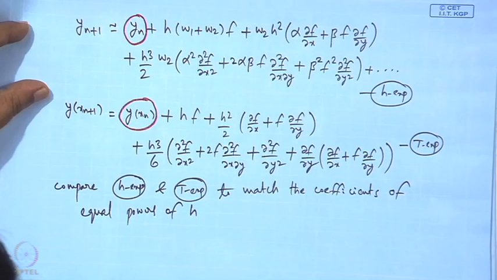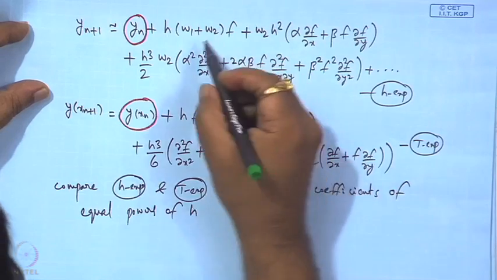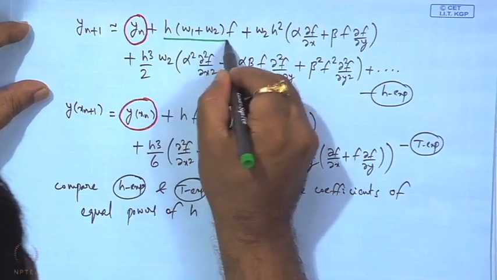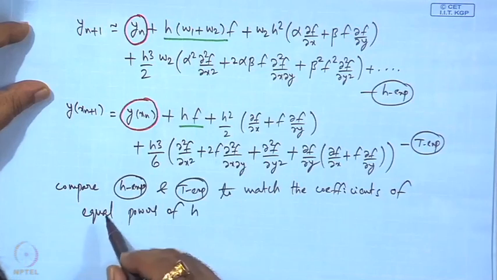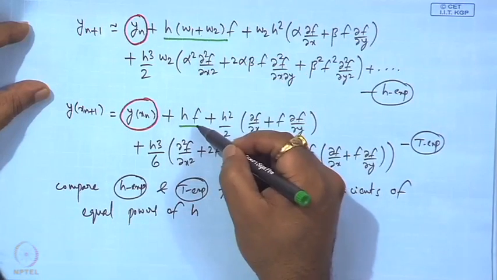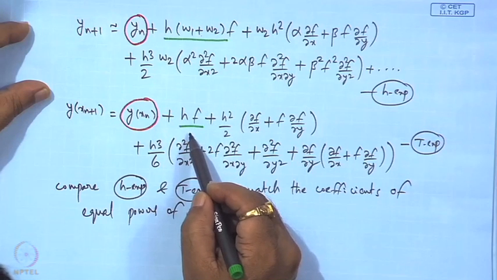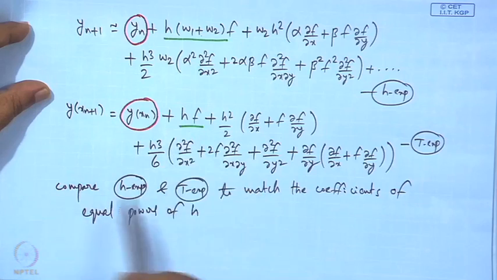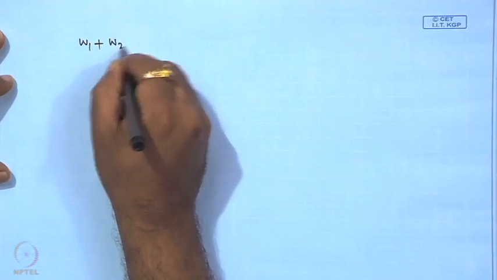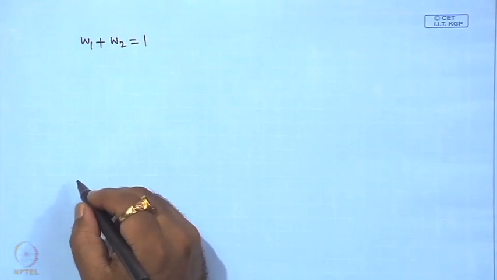Then you have h f in this term and you have h f in this term. So, if you try to compare these two, what happens? W 1 plus W 2 must be 1, okay, right. So, let us try to do that. Okay. So, if we do that, we get from first case.